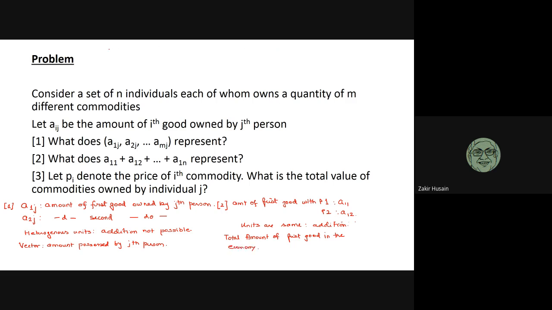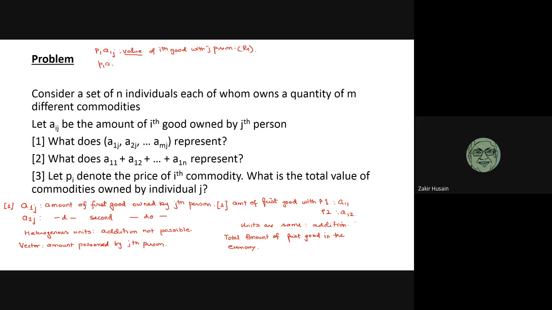Now, I have said that A1j cannot be added up because they are in different units. But suppose I multiply this by the price. So P1 A1j is the value of ith good with the jth person. So now everything is in rupees.